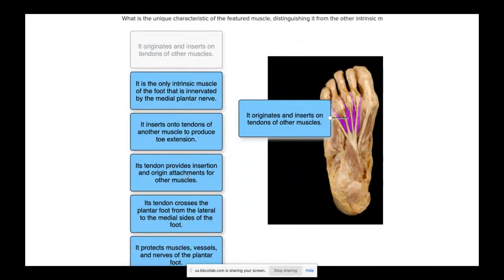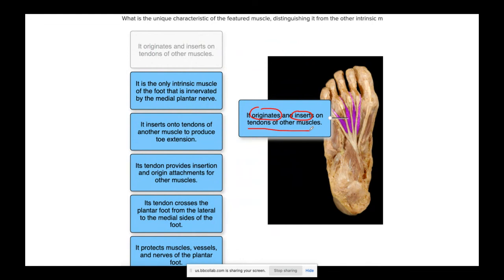And what's it saying here? What is a unique characteristic of this muscle? So they're looking at this purple muscle here. Now, even if you didn't know the name, it's not really asking it. It's just showing that this muscle is originating and inserting on tendons of other muscles.